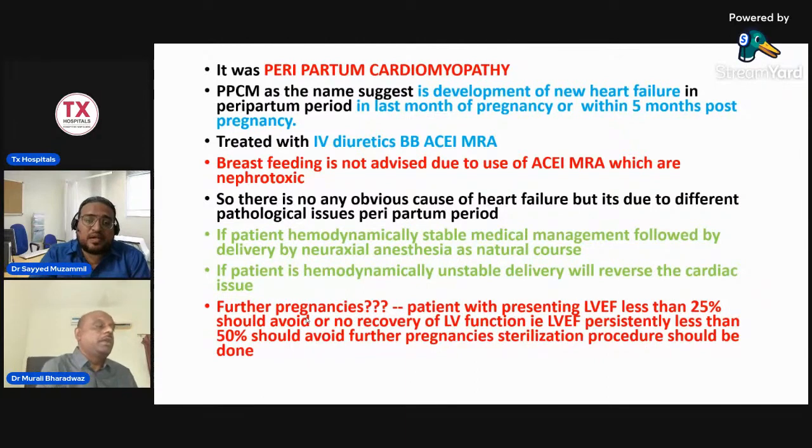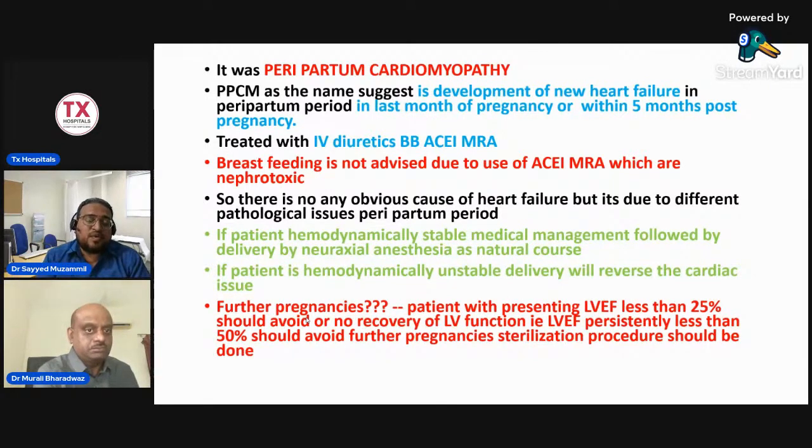Another question: is peripartum cardiomyopathy identified only during the final trimester, or even in the middle trimester, or will we know earlier which subset of patients are going to develop it? Those patients who have pregnancy-induced hypertension, preeclampsia or placenta previa have a tendency to develop postpartum cardiomyopathy.